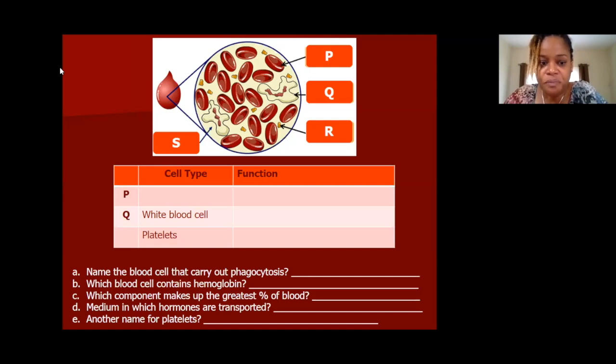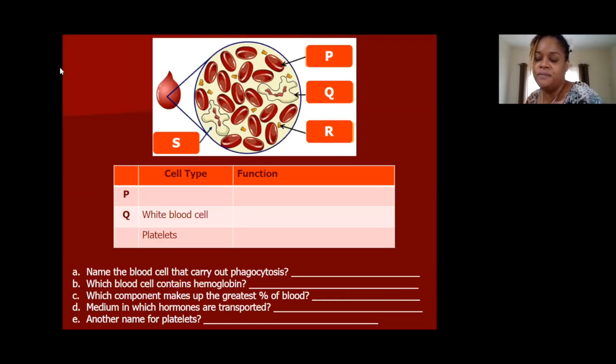Very good. So we're now going to answer the remainder of our questions. Name the blood cell that carries out phagocytosis. Now I said to name. I didn't say identify, I didn't say refer to the table or the diagram. So which blood cell carries out phagocytosis?